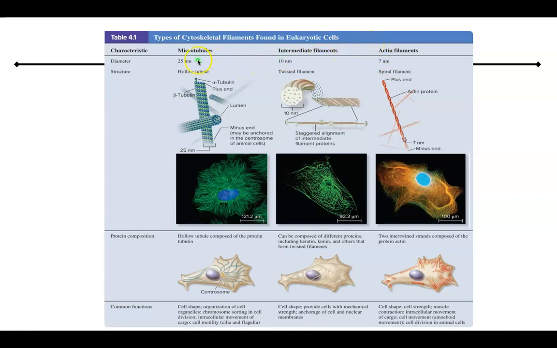Remember, if you're making a quick list, microtubules are hollow and big, and they have these dynamic instabilities, so sides that grow and sides that get smaller. Intermediate filaments are in the middle and they're twisted. And then finally, actin filaments are on the edge of the cell, and they're the smallest and the thinnest.